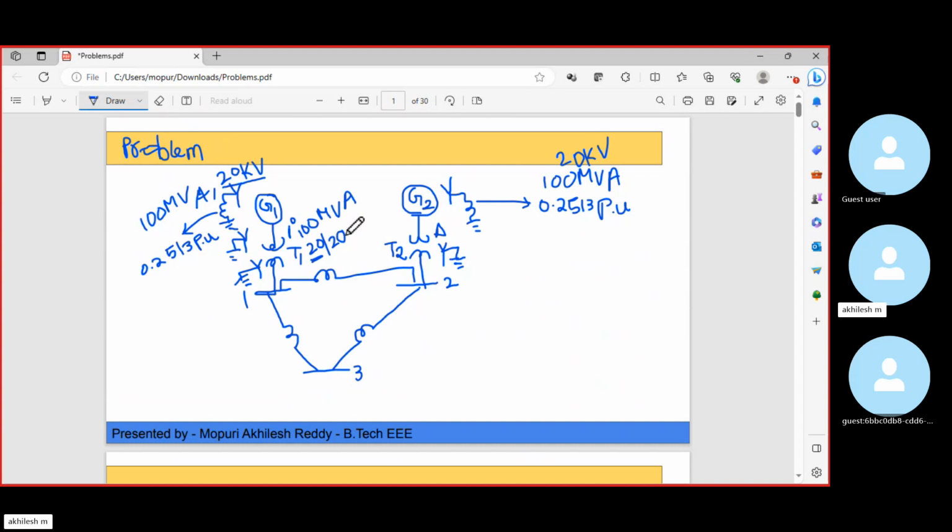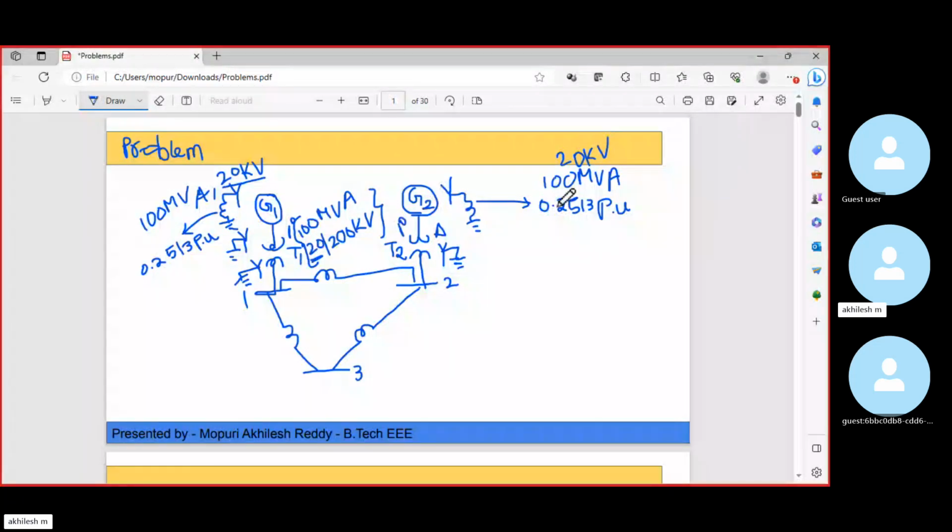Okay. Now, if we see here, generator rating, we have seen 100 MVA, 20 kV, with a neutral grounding reactance of 0.2513 per unit. Similarly, the same value for generator 2 also. Now, the primary of transformer 1 and the primary of transformer 2 are connected to generator 1 and generator 2 respectively.